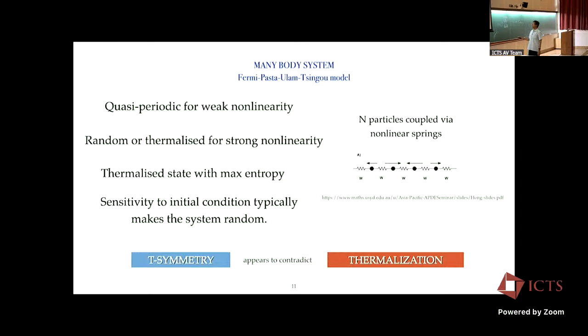But this one says it's going to go typically to randomness, and even with a very nice condition, any change in initial condition will make it thermal. Now, the macroscopic world essentially goes in one direction, except some cases where it doesn't, but it is not going to the original configuration. So in the macroscopic world we don't see it often, which is obvious; we can see it all around us.